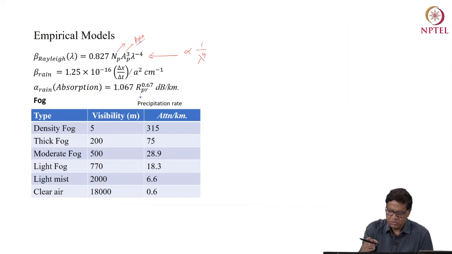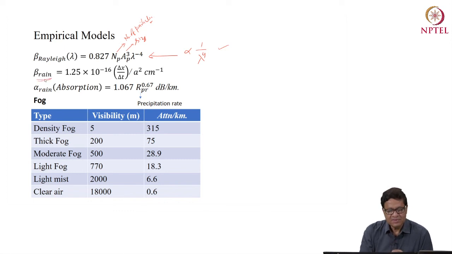This tells you about the size, and this is the number, basically the volume part, the number of particles in a unit area. And it goes as 1 by lambda to the 4th. So the higher the wavelength, the lower the coefficient beta Rayleigh. So this is also one of the criteria for selecting the choice of wavelength for a free space communication system.